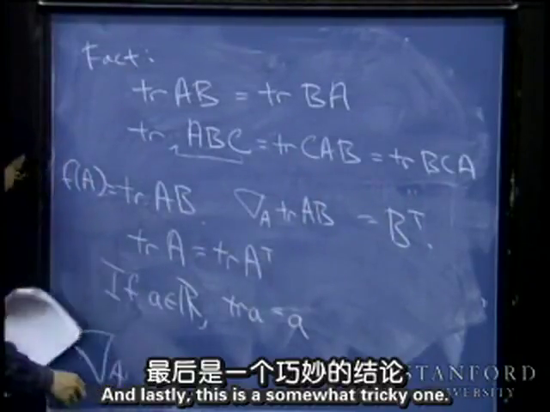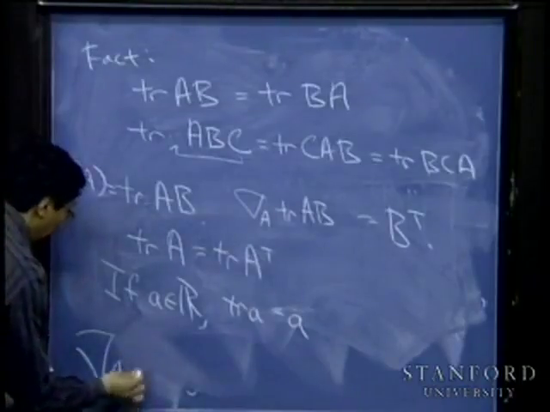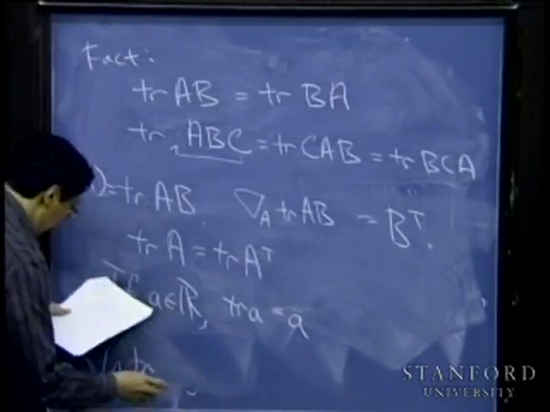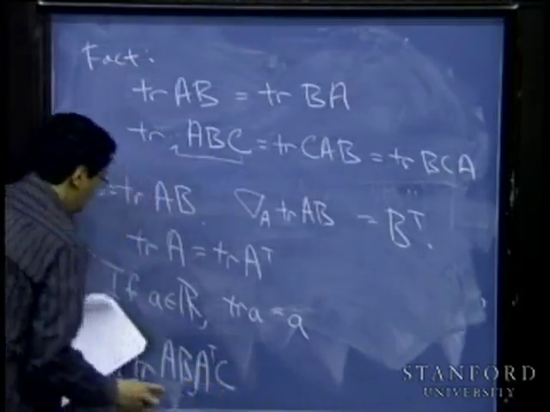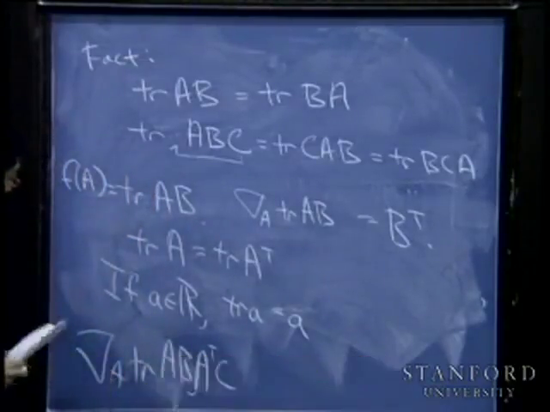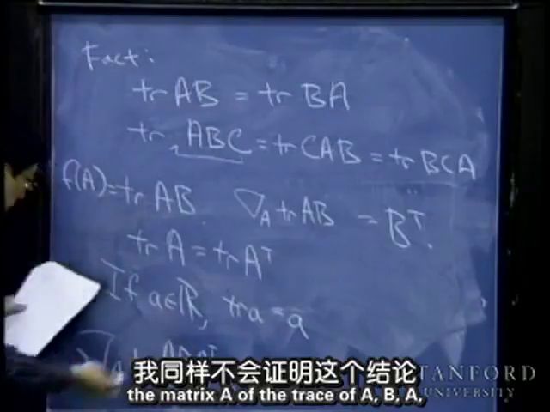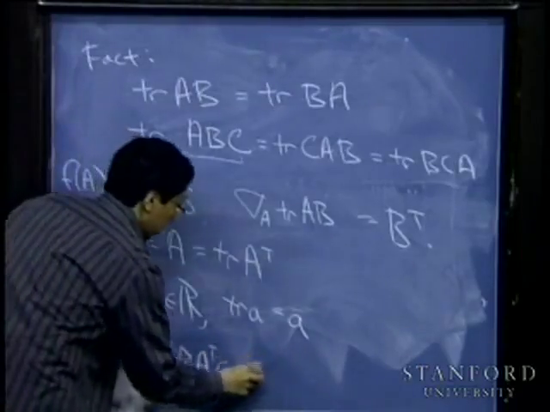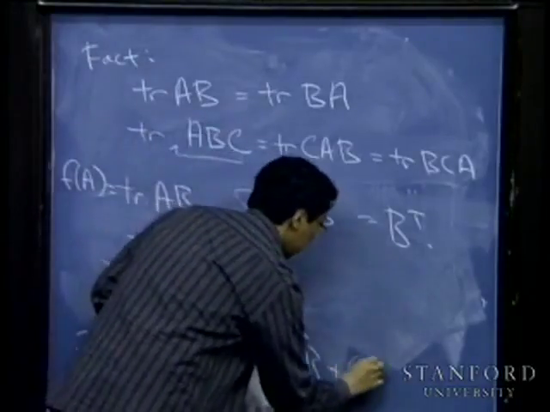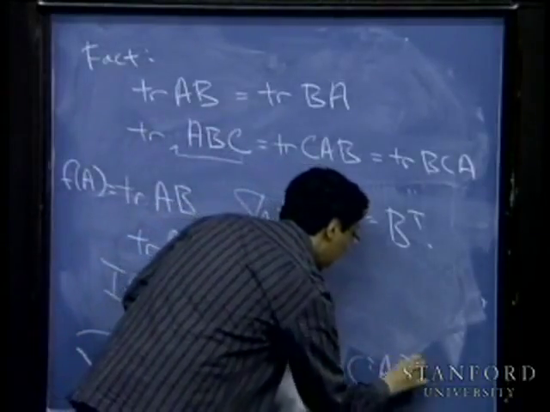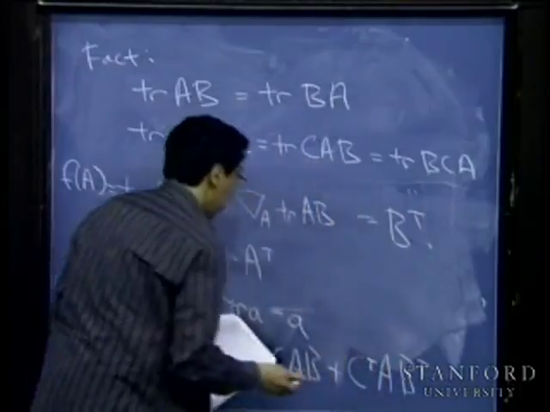And lastly, this is a somewhat tricky one. The derivative with respect to the matrix A of the trace of A B A transpose C is equal to CAB plus C transpose A B transpose.